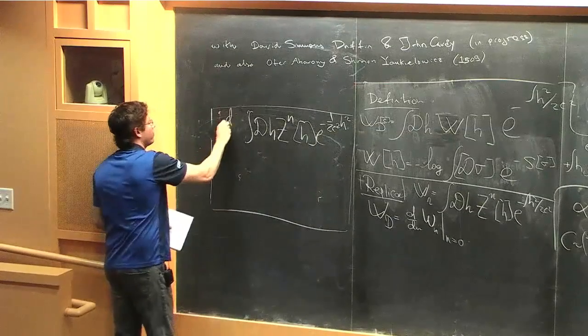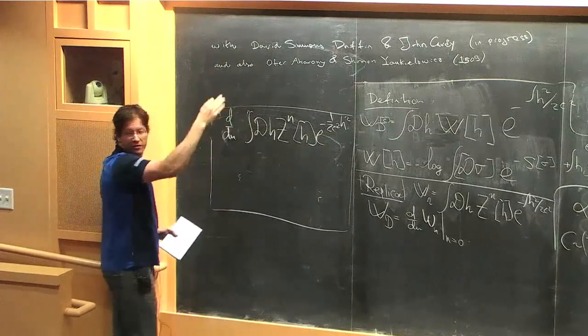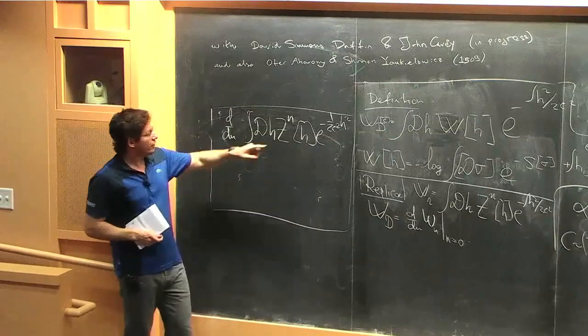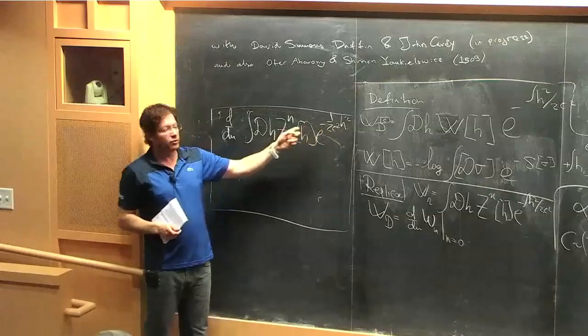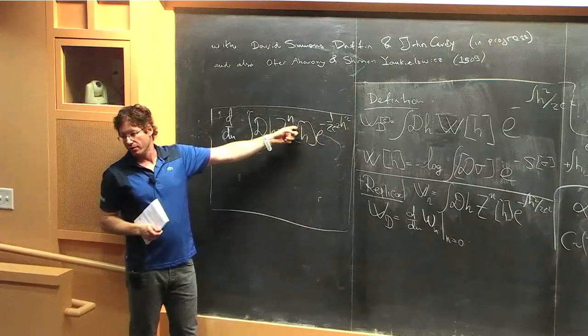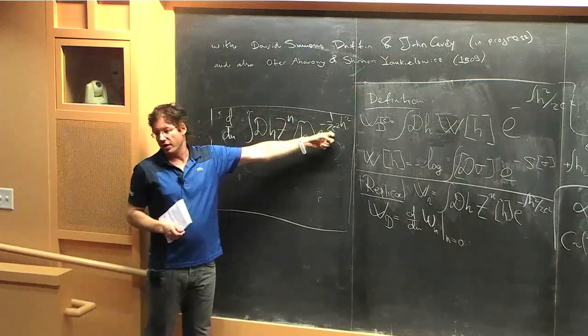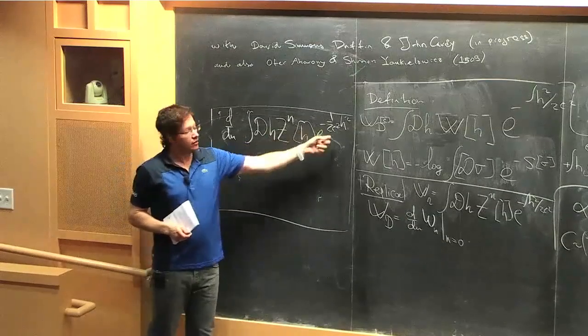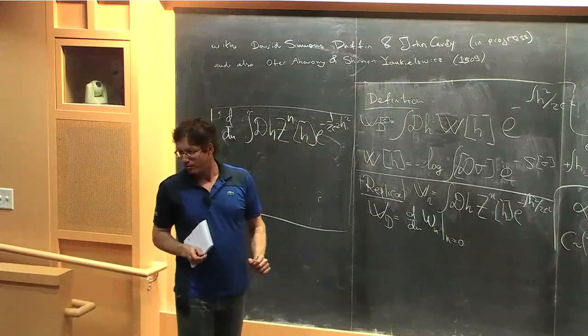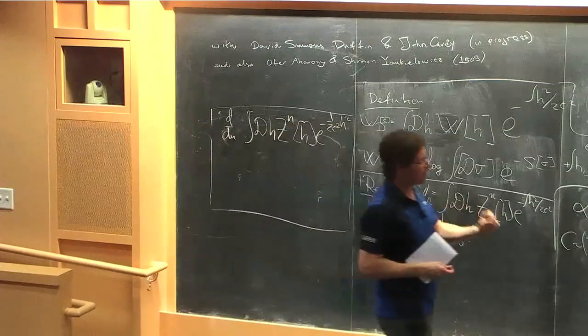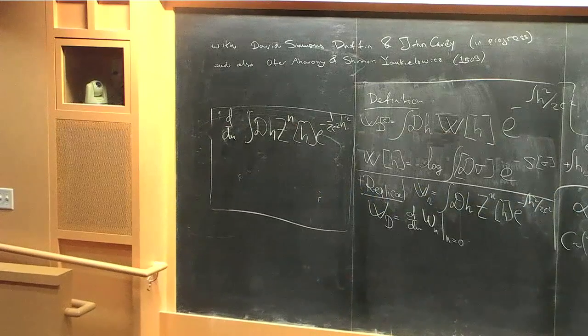What you need to take a derivative of is this thing, and then set n equal to 0. Now, your derivative could hit either that n or that n. If it were to hit that n, and you would have plugged n equals 0 here, you would get nothing. So the derivative cannot hit that guy. It must hit that guy. And then to compute the beta function, you just plug n equals 0. So the beta function for C squared is just obtained by plugging n equals to 0.